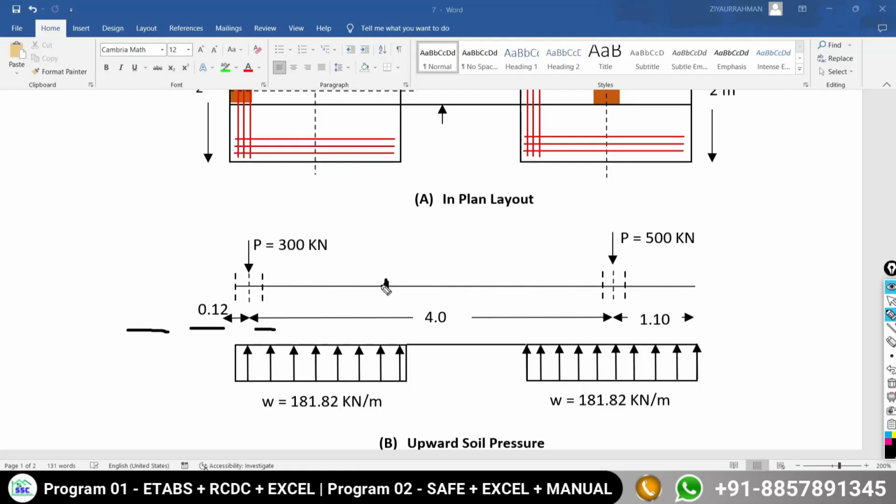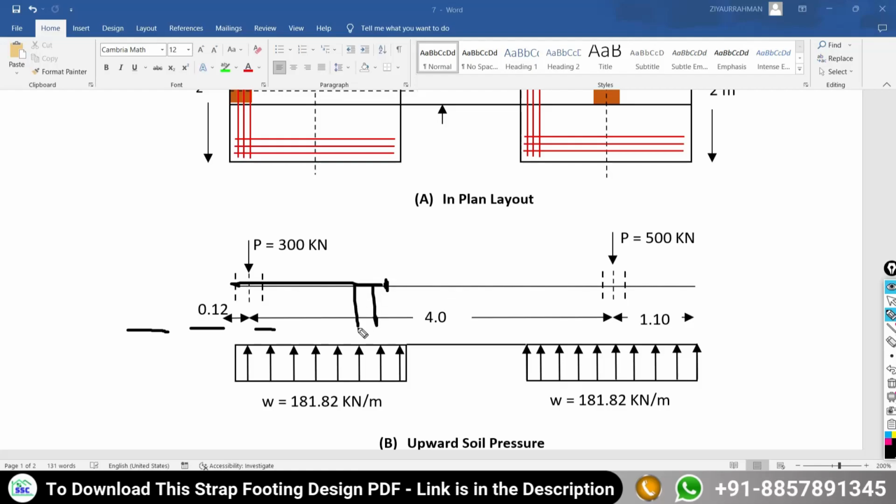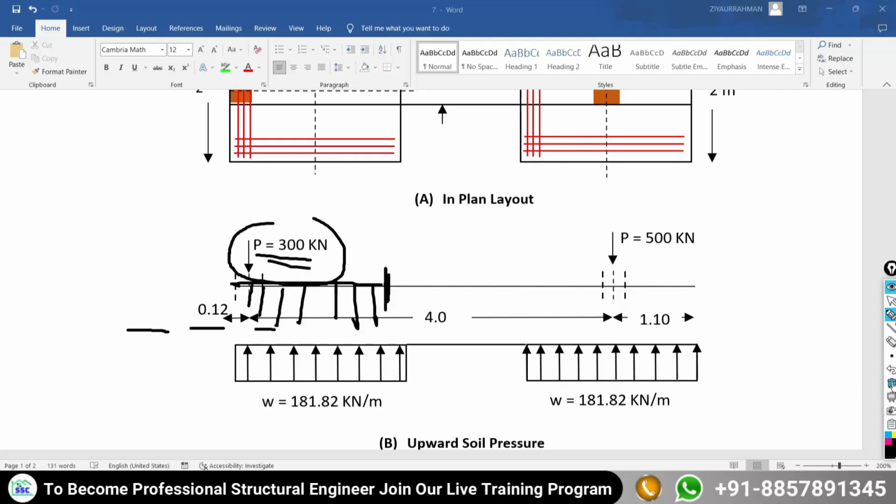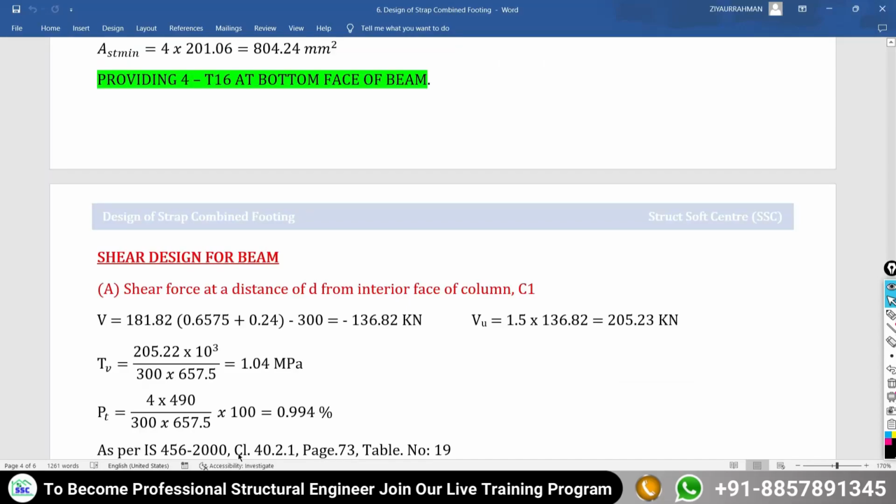Now for this span, the upward soil pressure is there, which is going to create the shear force at this point. But another load is also there, which is coming from top to down, it is 300 kilonewton. This also we have to consider. So I am going to write in the equation 181.82 multiplied by the full span minus 300.